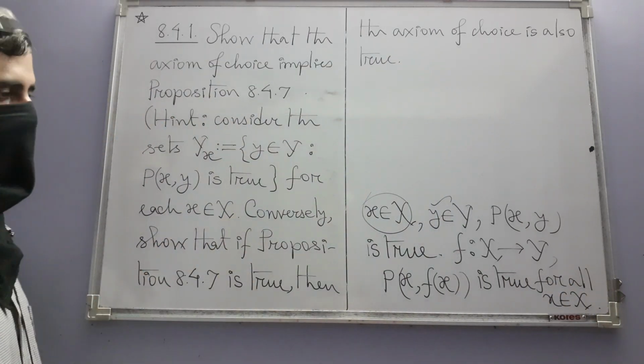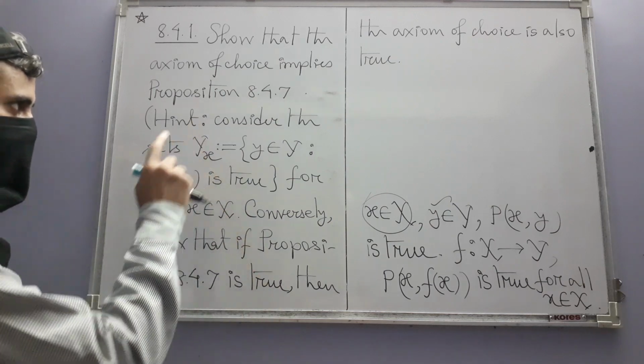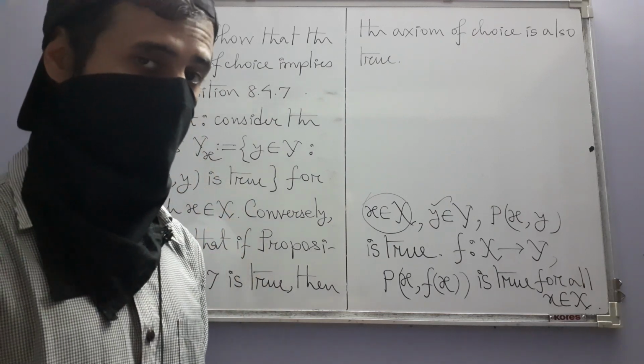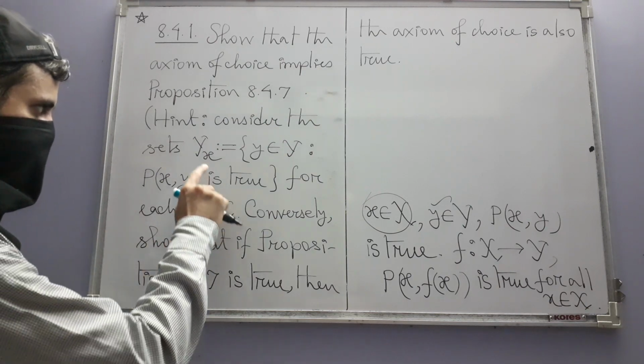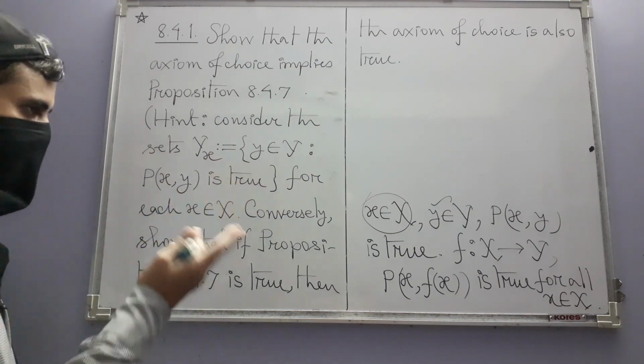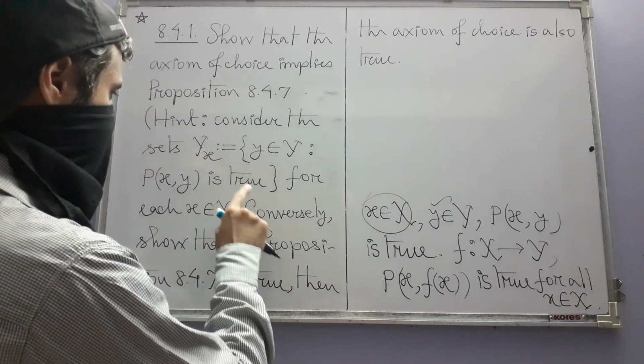So this is what we have to prove, assuming that the axiom of choice is true. And for that there is a hint and we are going to follow this hint.